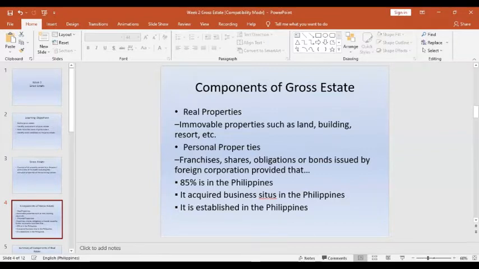Personal properties are the franchises, shares, obligations, or bonds issued by a foreign corporation, provided that the franchise, obligations, bonds, or stocks are 85% owned in the Philippines, acquired in the business situs in the Philippines, and the corporation and the stocks are established in the Philippines.